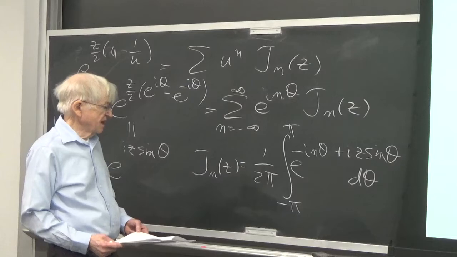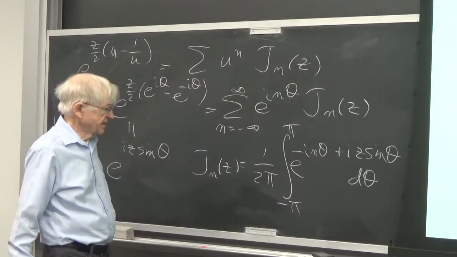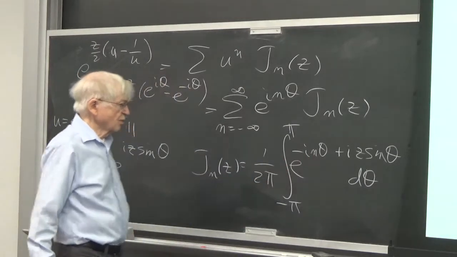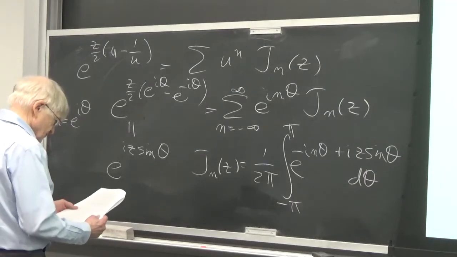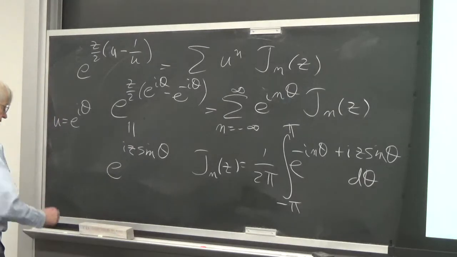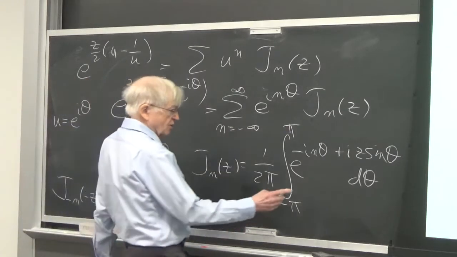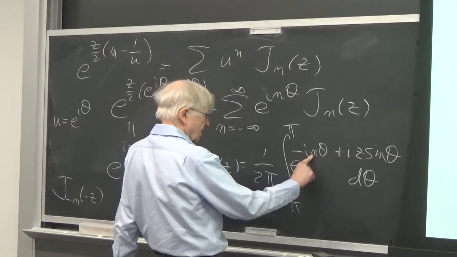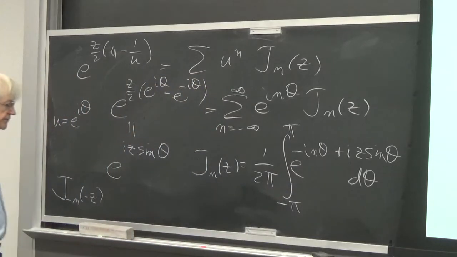And now that I think about it, you can see from this what happens if you change n to minus n, and in particular you can see that J minus n of minus z would put a minus sign here, and let's see, this isn't actually as simple as I thought.